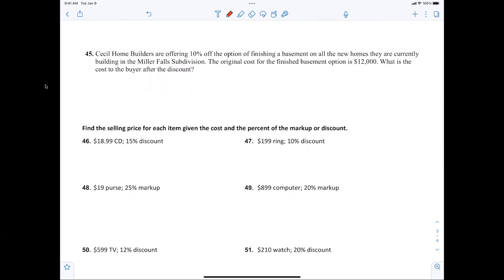What is the cost? So what am I going to do? Yes, there you go. Yes, perfect. So that's going to cost you... yep, $10,800. All right, we're just going to keep right on going.